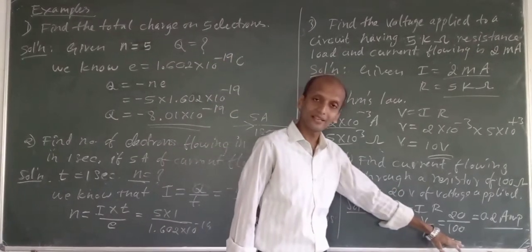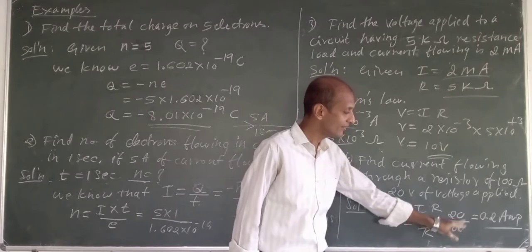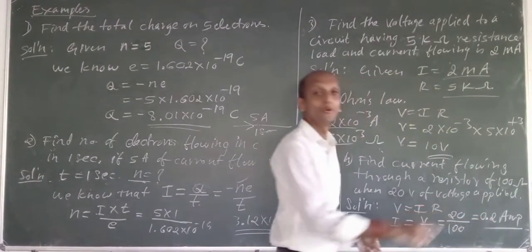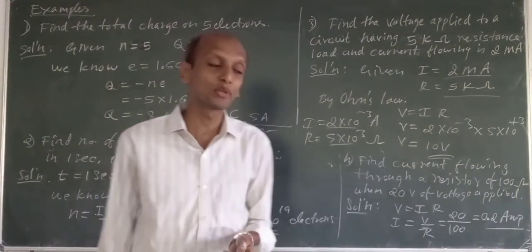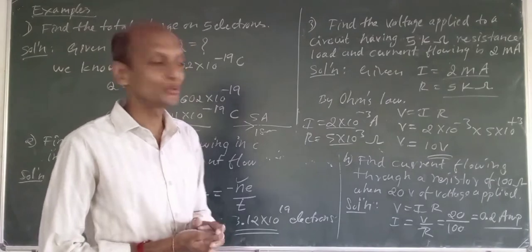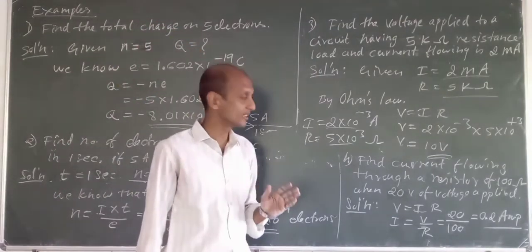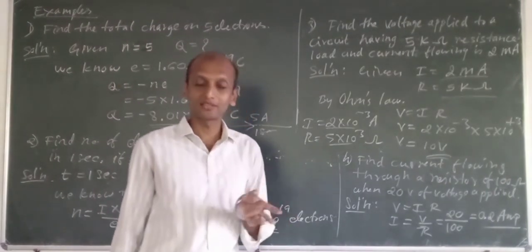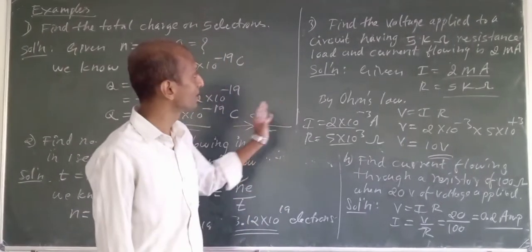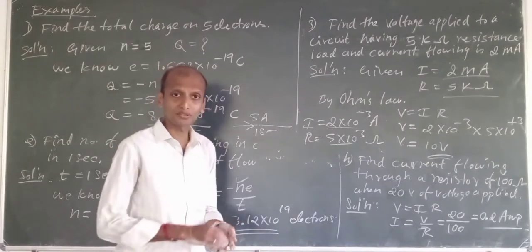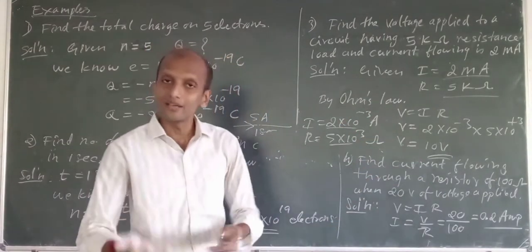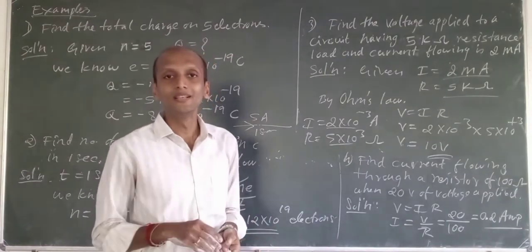So if I divide, I will get 0.2 amperes. 0.2 amperes of current will be flowing through that particular circuit when 20 volts of voltage is applied and the circuit has a resistance of 100 ohms. Okay, so that is all for this question, and you can try your own values for resistance and current and go for all the calculations.